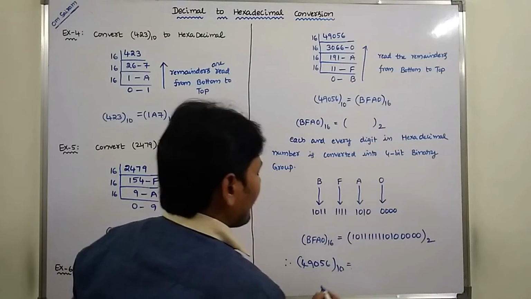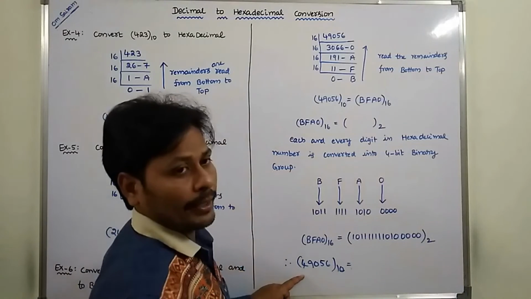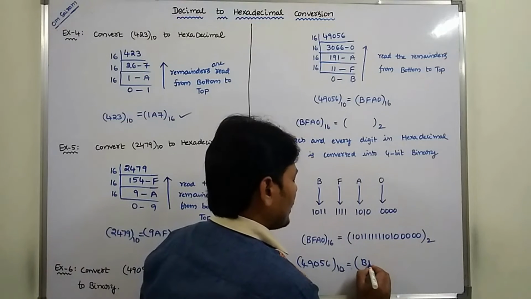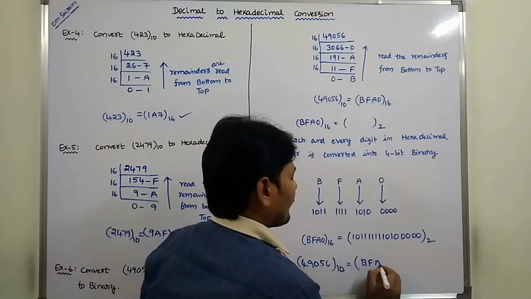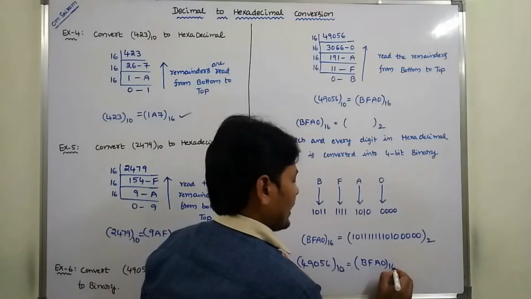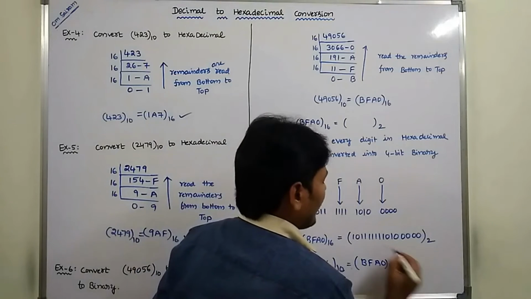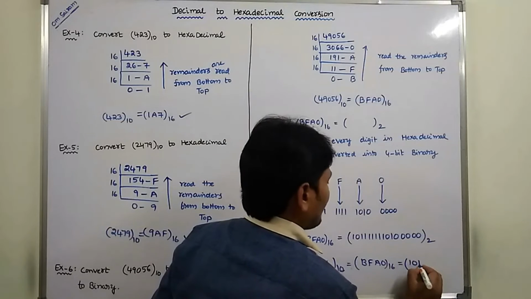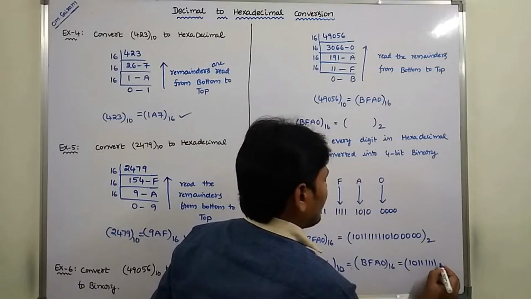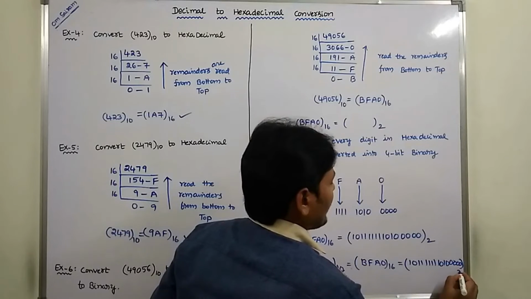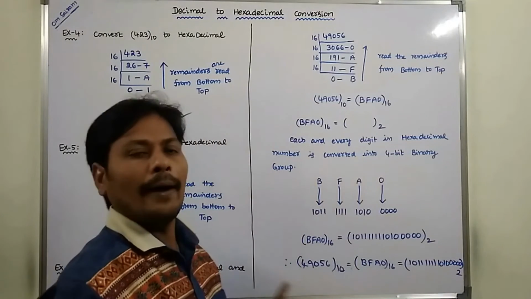For this given decimal number, the equivalent hexadecimal number is BFA0 base 16. For this given hexadecimal number, the equivalent binary number is 1011, 4 ones, 1010, 4 zeros, base 2. So this is the result.